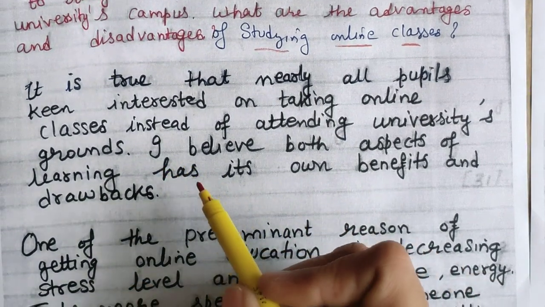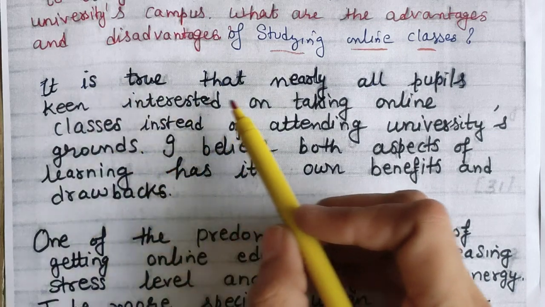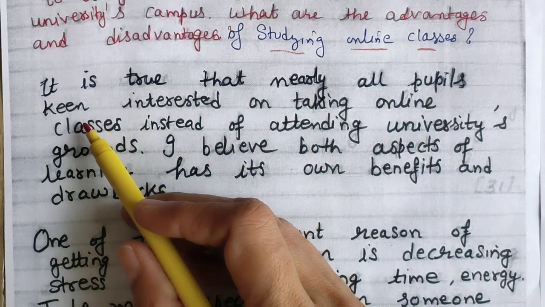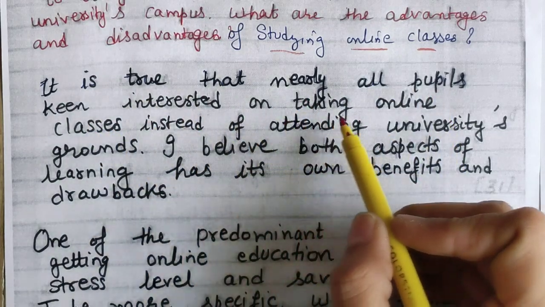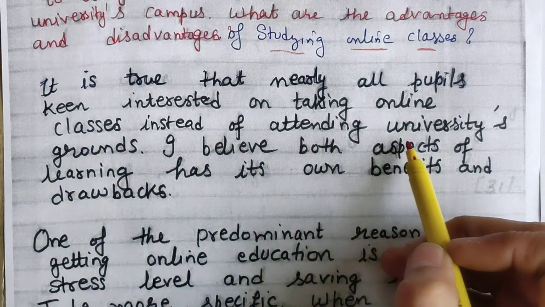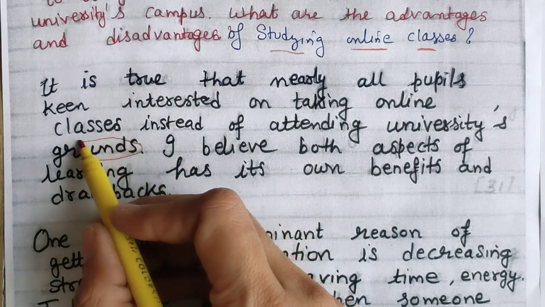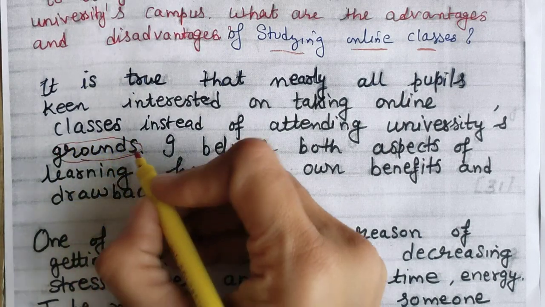Okay, so in the introduction what she had written: it is true that nearly all pupils are keenly interested in taking online classes instead of attending university's grounds. I don't find "university's grounds" a relevant phrase.